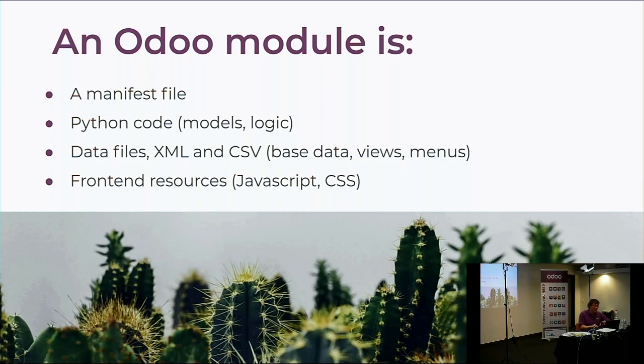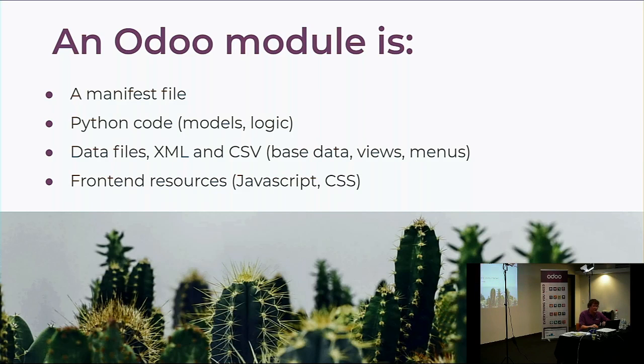An Odoo module should always have a manifest file. This is a Python file containing a dictionary with all the global information of the module. Some Python files containing all the model definitions and the logic of the application.